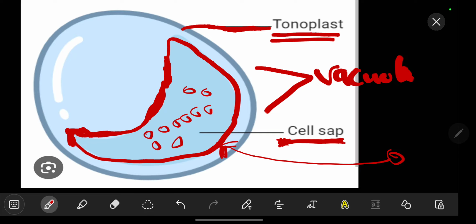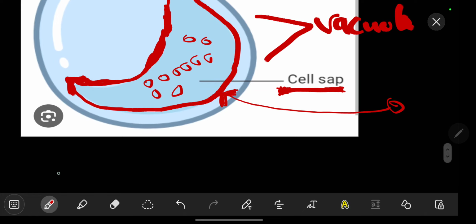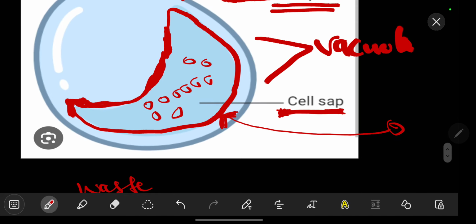Number two, the vacuole has a very important function, which is the maintenance of waste products. The vacuole may harbor waste products which may not be allowed to leave the vacuole. So it helps maintain the amount of waste products that the plant has.